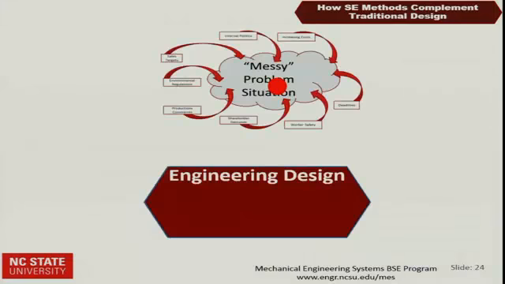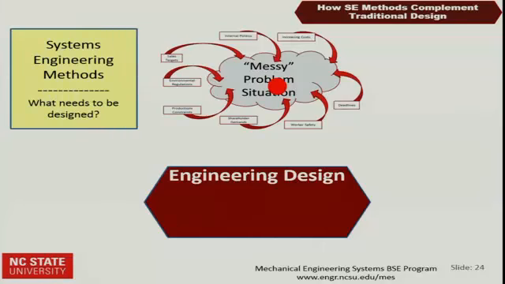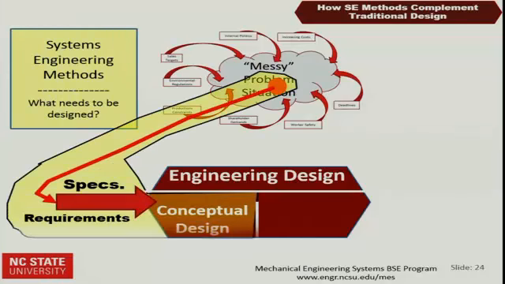What systems engineering methods, those very beginning ones, do is help you take that messy problem situation and perform engineering design. Systems engineering gives you the ability to truly understand what needs to be designed and perform conceptual design. So you have a design that will meet the customer's needs in that messy situation.